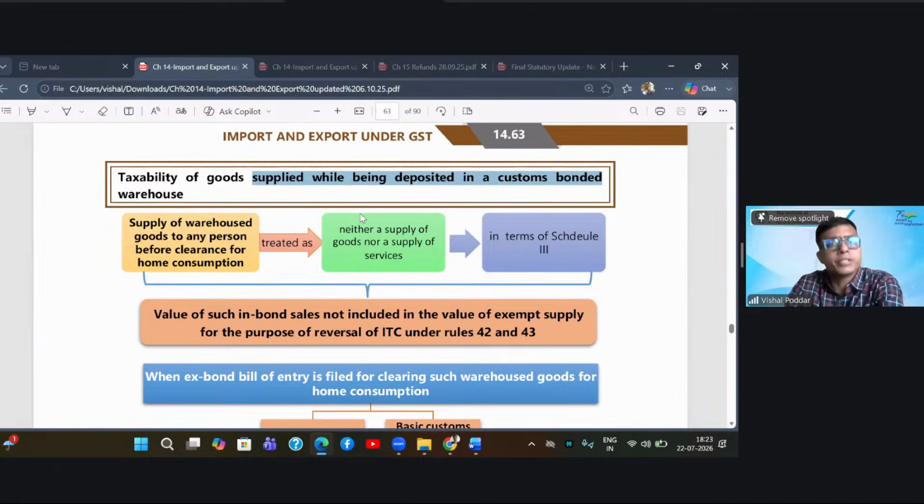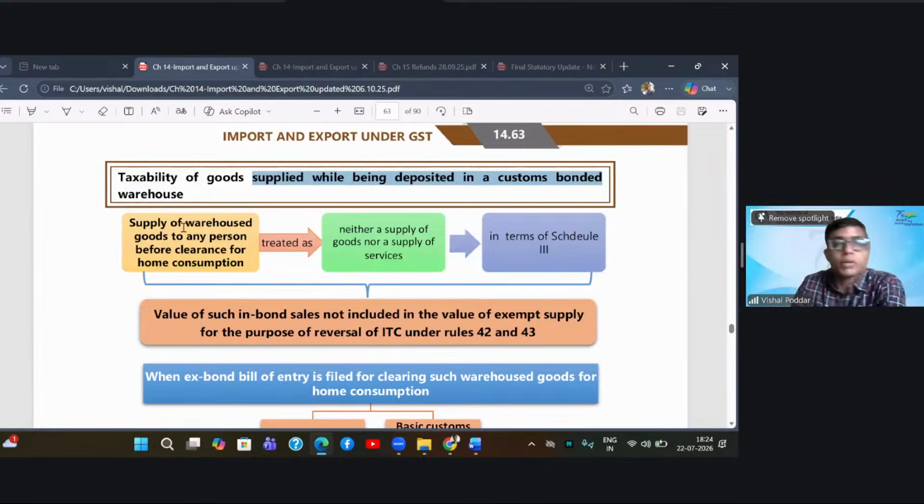And since this is how the customs law and the GST law look at it, the final implication under the GST law is that since you are dealing with foreign goods which are in foreign land, this is the assumption, this is the analogy. So you are dealing with goods which are in foreign land, hence our domestic taxes cannot apply.